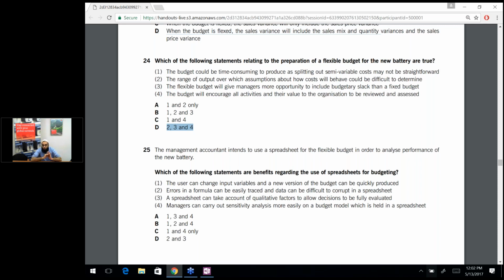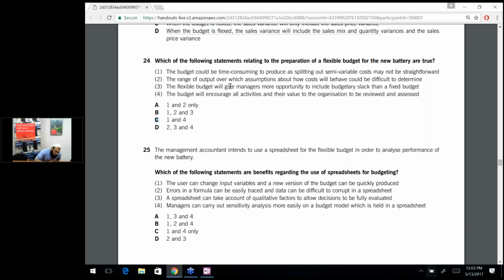So the answer will be between A, B and C only.